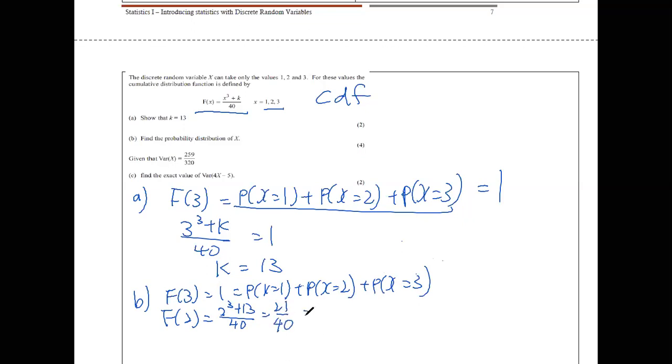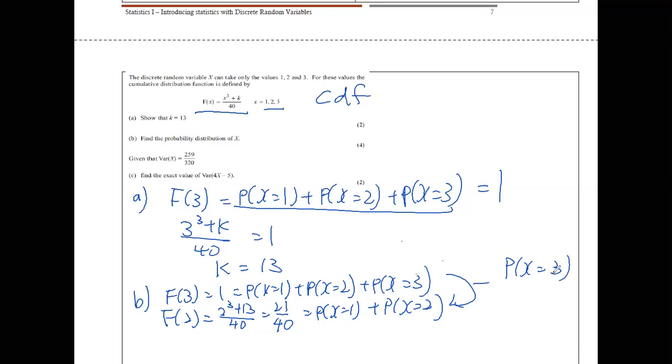And this here will be P(x=1) plus P(x=2) because it's up to that value. In fact, you can see that if I use this minus this, I will get my P(x=3).